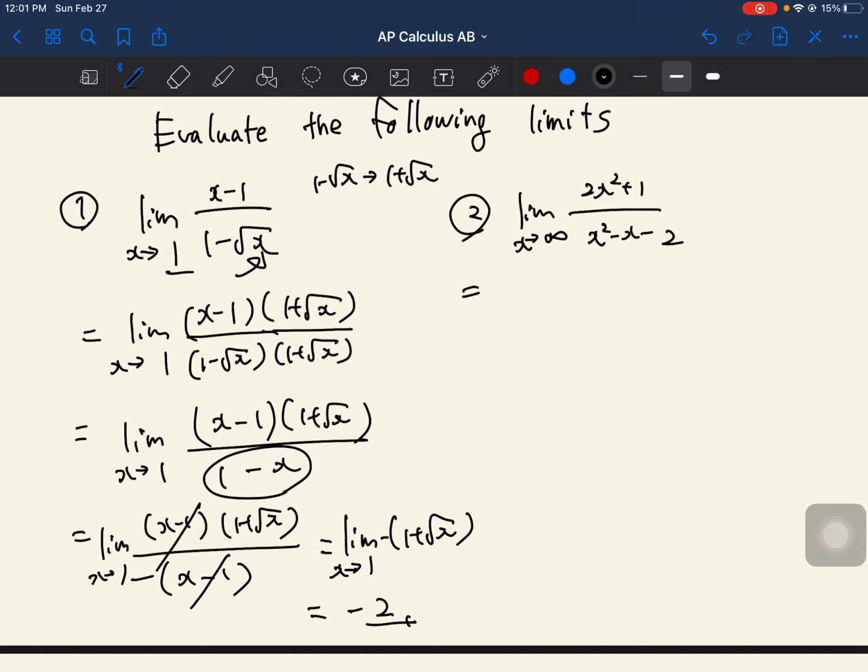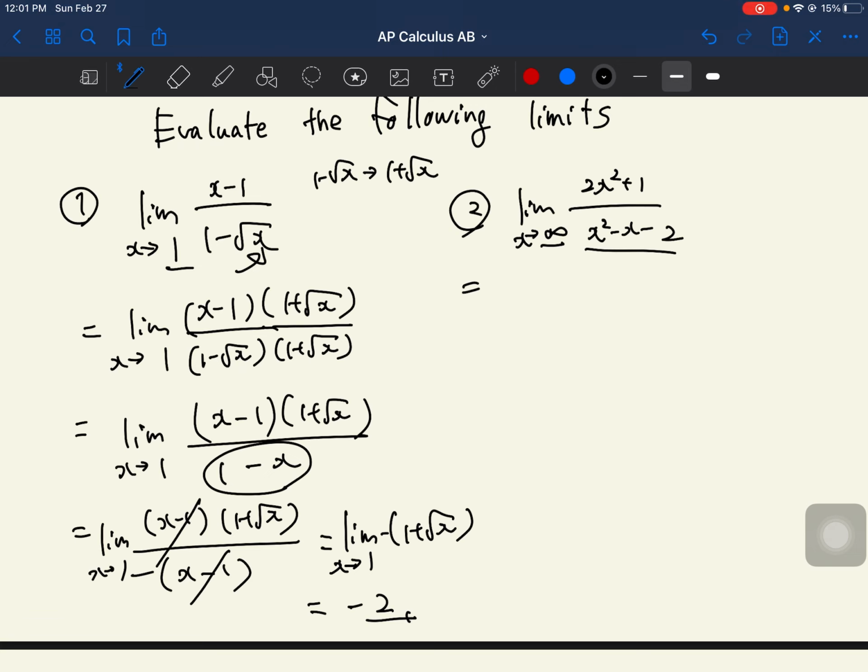Okay. So for the next question, now you have the function here. First of all, like I mentioned, you try to just plug in the number here, but it's going to be complicated. It's going to be infinity over infinity. This cannot be calculated either.